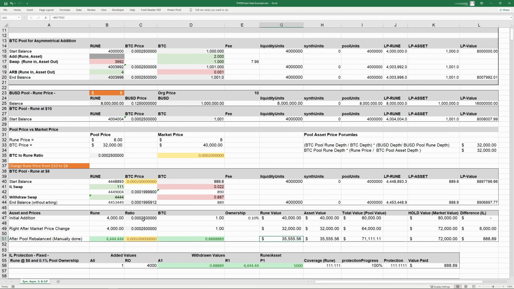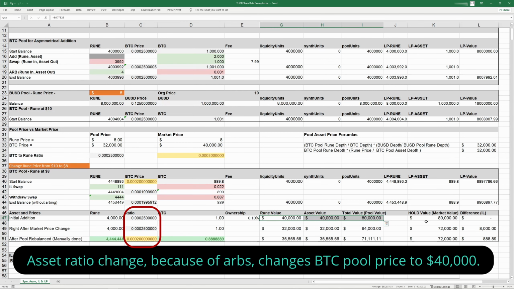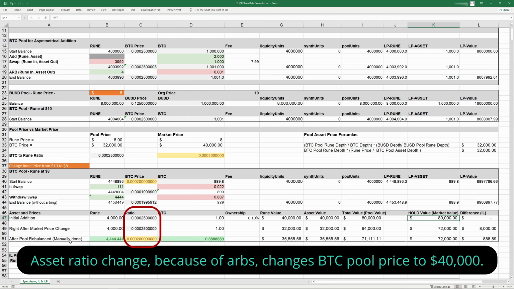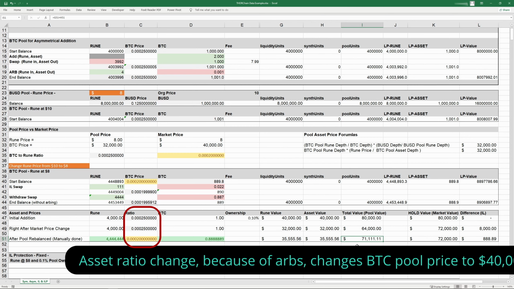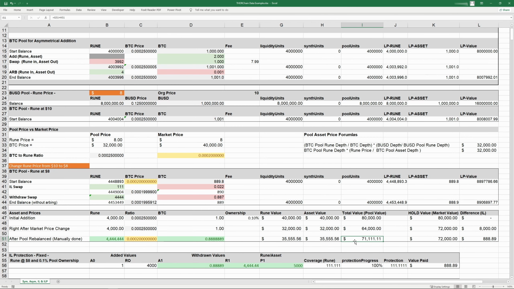So the main standouts here are your initial value that you've added, which is 80,000, and then the pool after the rebalancing is done by the ARBs, which is going to be about this amount. What's interesting to notice here is that your position is going to be approximately 71,000 as a liquidity provider, and as a holder, it's going to be about 72,000.